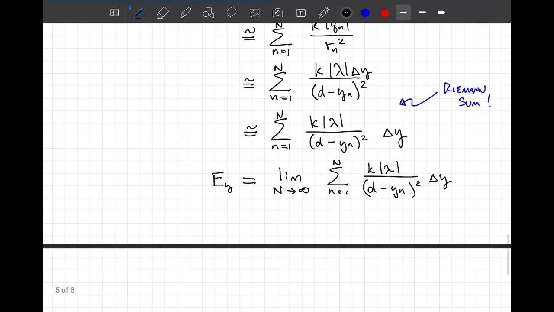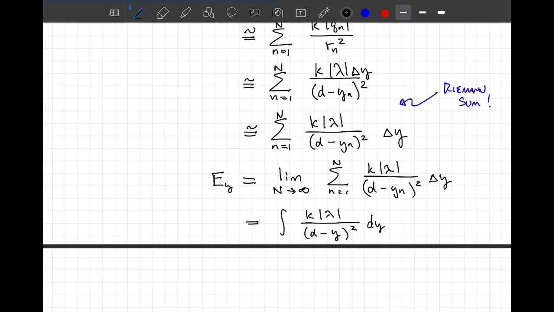And this thing is equal to, by definition, the integral. And remember, you take the function, you replace the yn with y, and you take the delta y and you replace that with dy. So I end up with k, absolute value lambda, over d minus y squared dy.